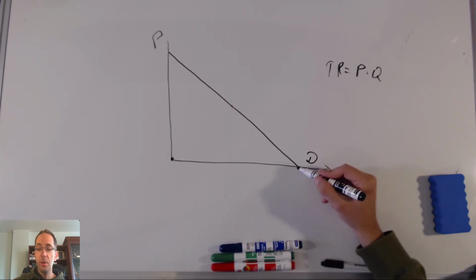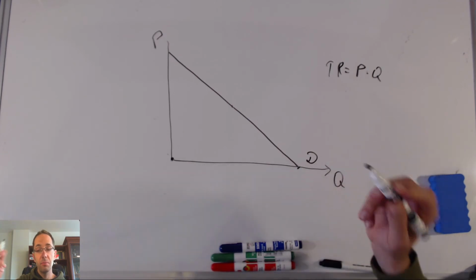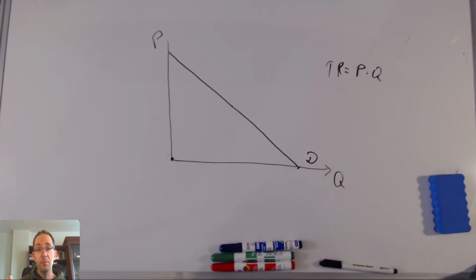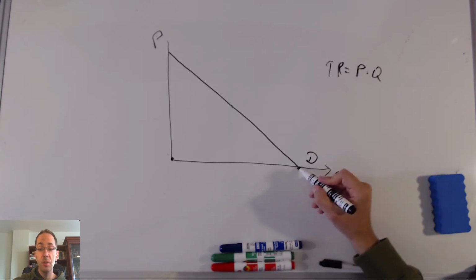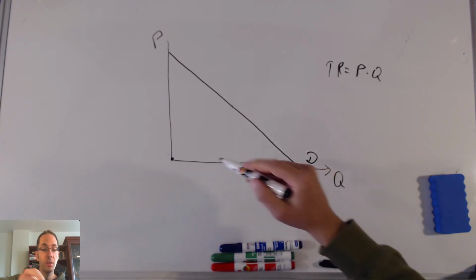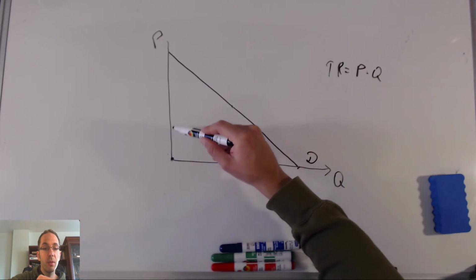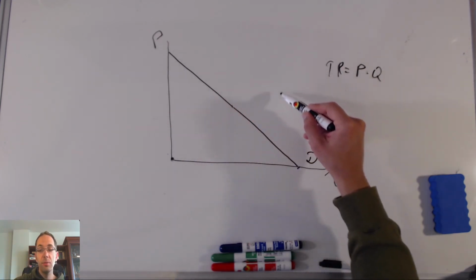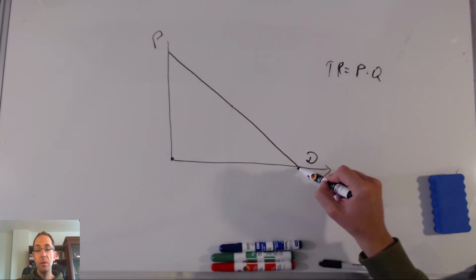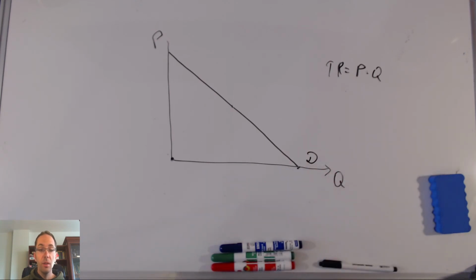At this point over here, the price is 0, the quantity may tend towards infinity, but the price is 0, so once again total revenue will be 0. So the total revenue will start from here, it will rise, and then it would fall until it reaches this point. The question is, how long will it rise?